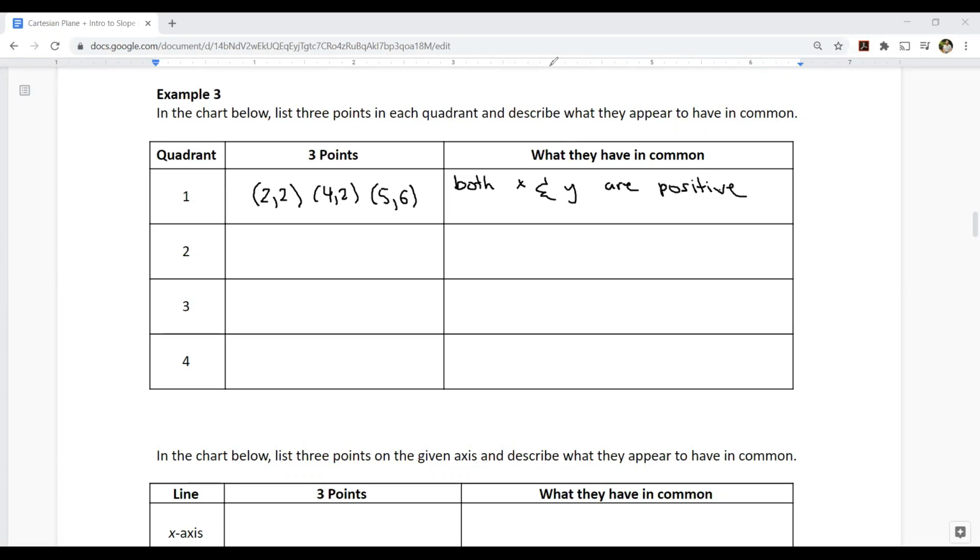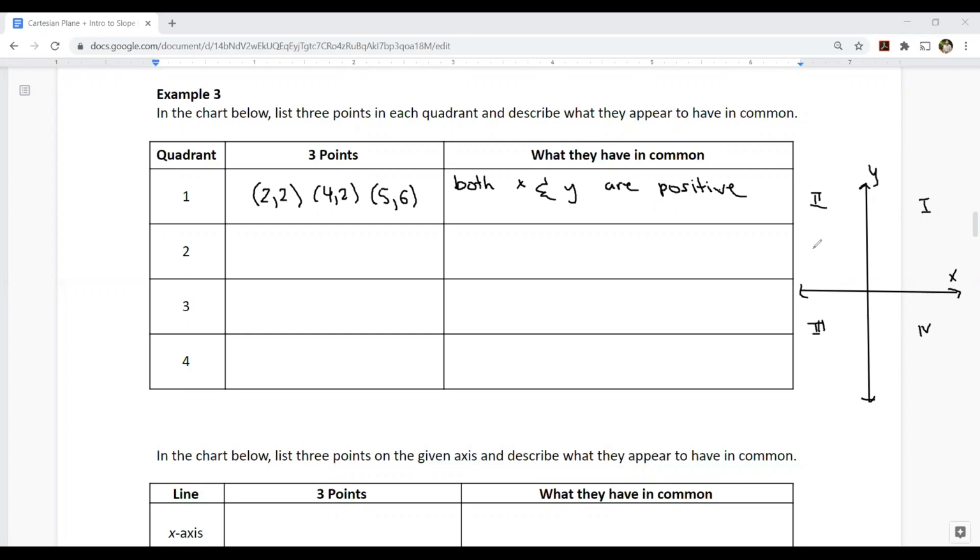When we're dealing with quadrant 2, let me make a grid so we don't have to keep referring back to it. Quadrant 1, 2, 3, and 4. Quadrant 2 is going to be right over here. This is our x-axis and this is our y-axis.